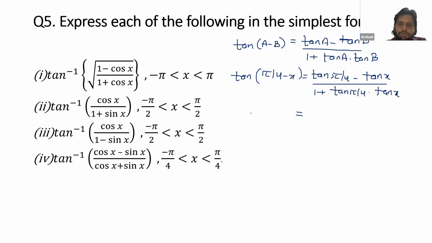Tan 45 is 1. So 1 minus tan x by 1 plus tan x. Is it clear?